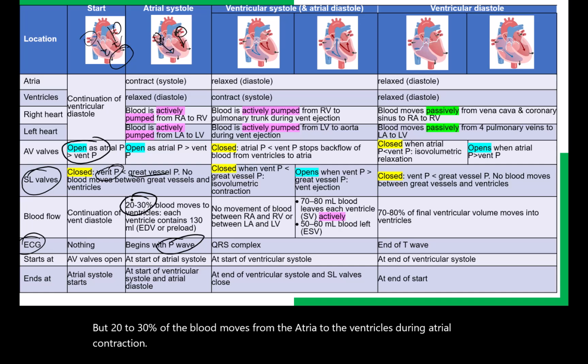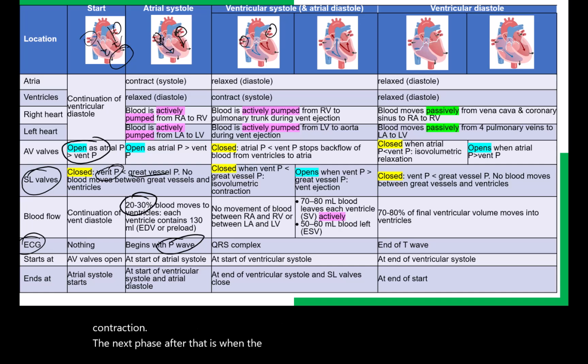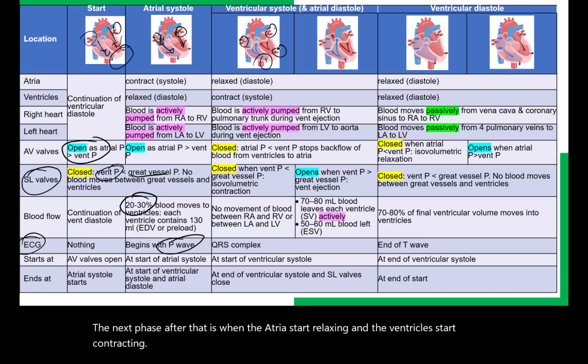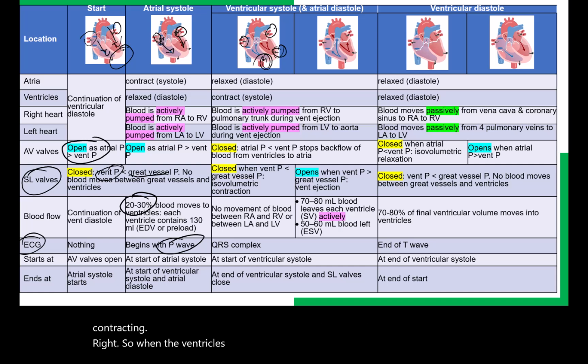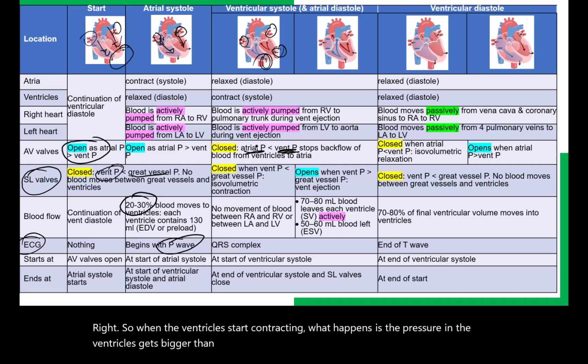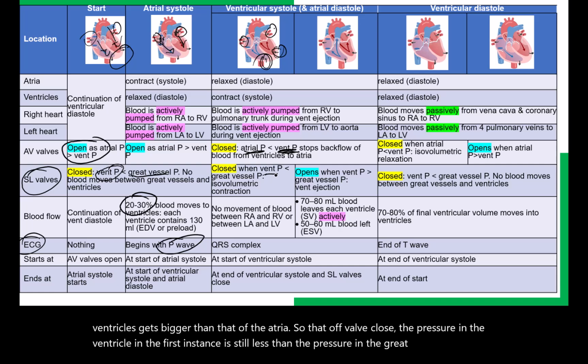The next phase after that is when the atria start relaxing and the ventricles start contracting, right? So when the ventricles start contracting, the pressure in the ventricles gets bigger than that of the atria, so the AV valves close. The pressure in the ventricle in the first instance is still less than the pressure in the great vessels, and so the SL valves don't open yet.